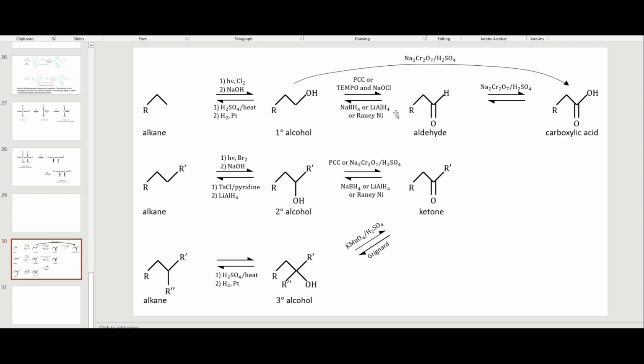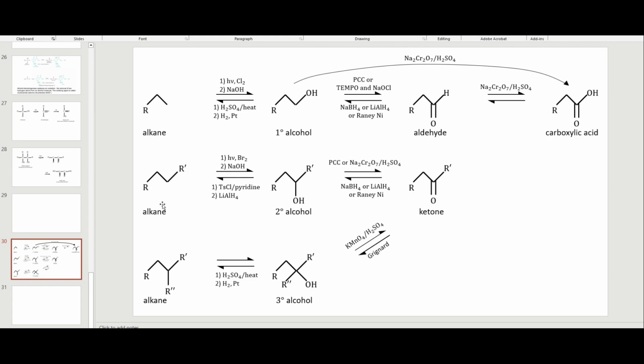If we want to turn an aldehyde into an alcohol, we could use something like sodium borohydride or lithium aluminum hydride or Raney nickel right here. But if we just wanted to go to the carboxylic acid, we could use our sodium dichromate and H2SO4 here. And of course, we could use that on an aldehyde to turn it into a carboxylic acid.